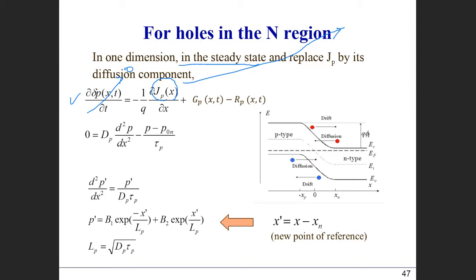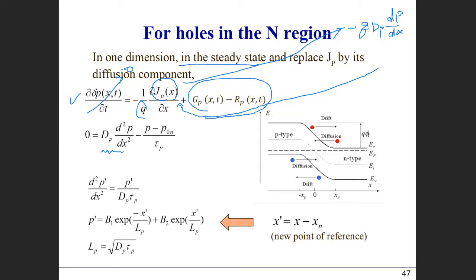So the diffusion component is minus Q D_P dP/dx, right? So if we plug that into this equation in here, and then multiply with this Q all over the place, then you have this one. Okay. And then another term is this term.